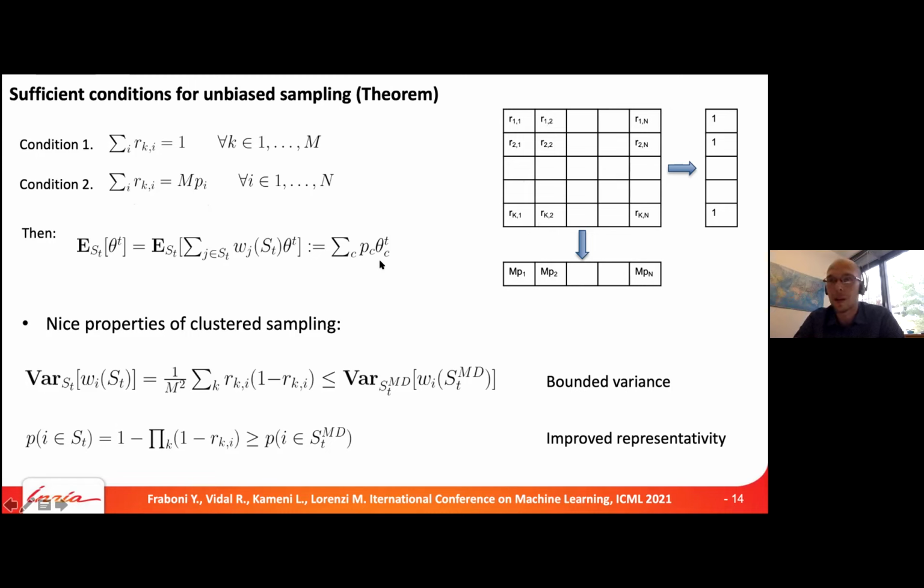So it satisfies our original requirement. In expectation, we obtain the same as doing weighted averaging of all the clients together.